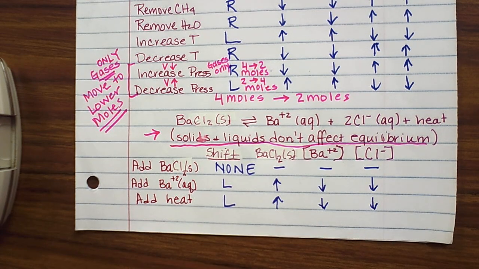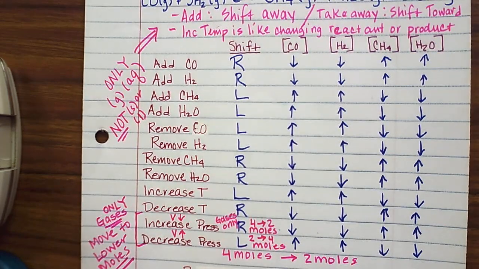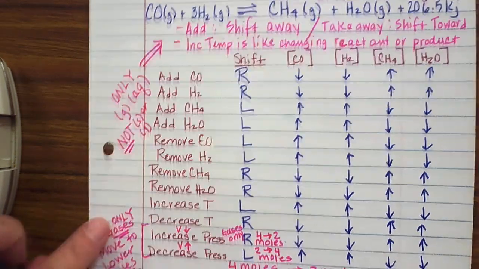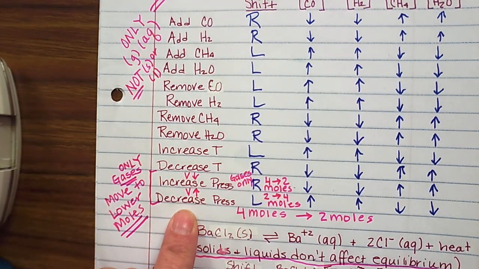Okay, so I'm hoping that you got an idea about this. You have a double-sided worksheet where you have three opportunities to do exactly this chart that I just did. Arrows are fine. Make sure that you remember that only gases will have any change due to increase or decrease in pressure.